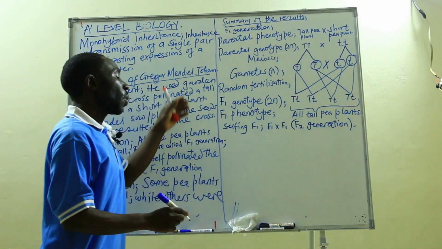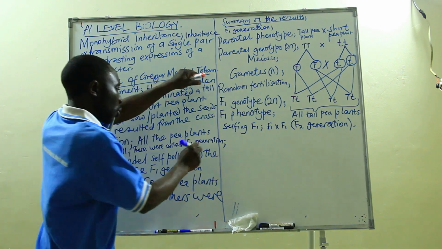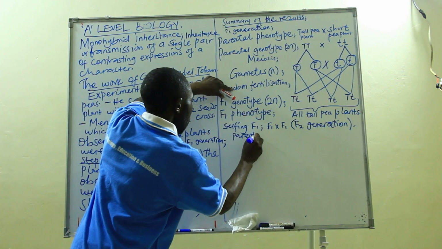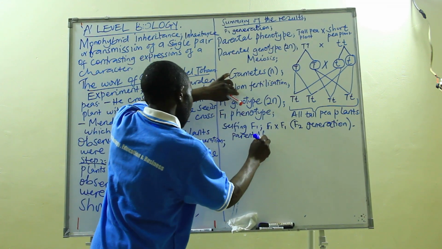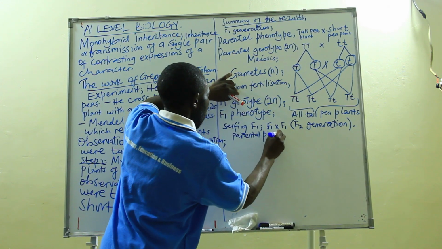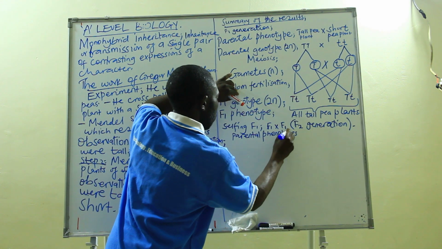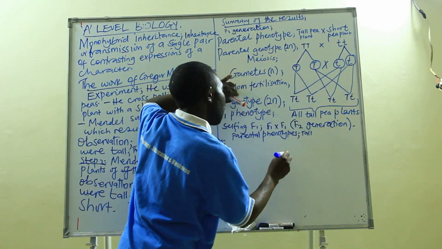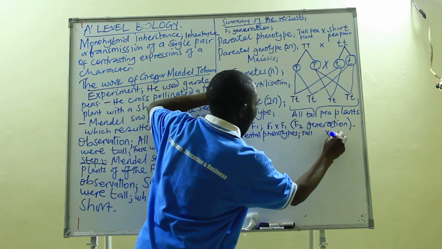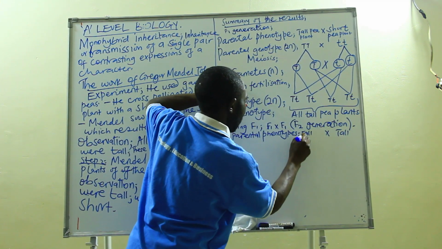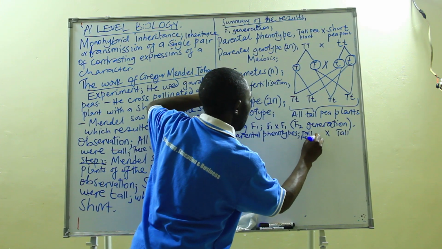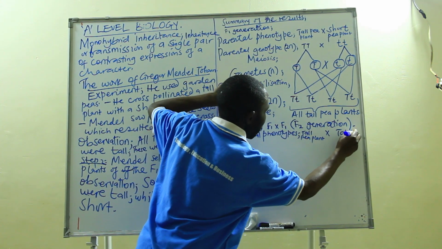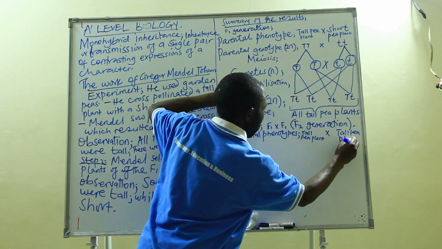So we shall have the parental phenotypes: a tall pea plant crossed with another tall pea plant.